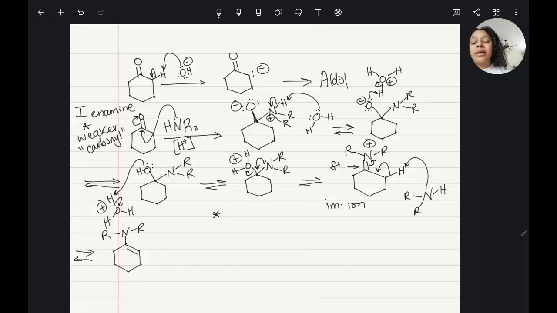Now, when we do the Michael addition, we are going to attack at the beta position of my carbonyl, and we're going to attack from the weak Michael donor that we have. So this Michael donor, this carbon has a full octet, so it has to break.